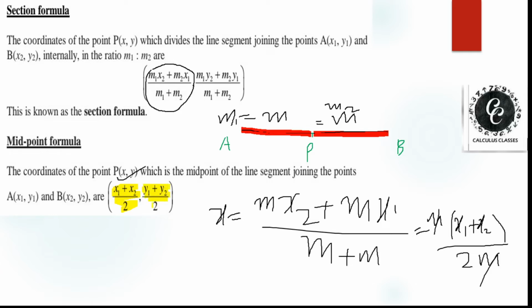So I hope you understood the concept of the midpoint formula and the section formula. There are three things in this chapter: the distance formula, which we already discussed, the section formula, and next the area of triangle formula.